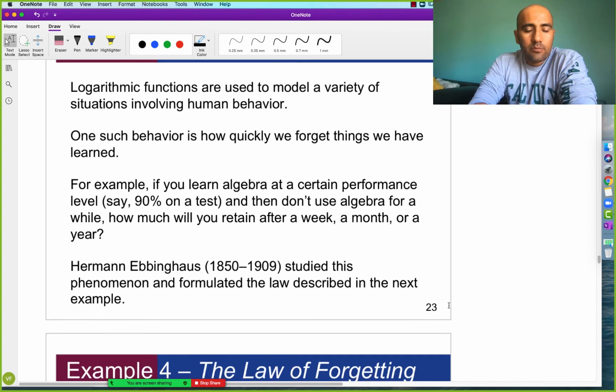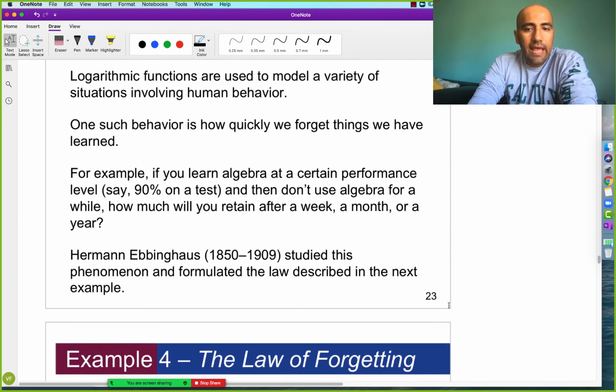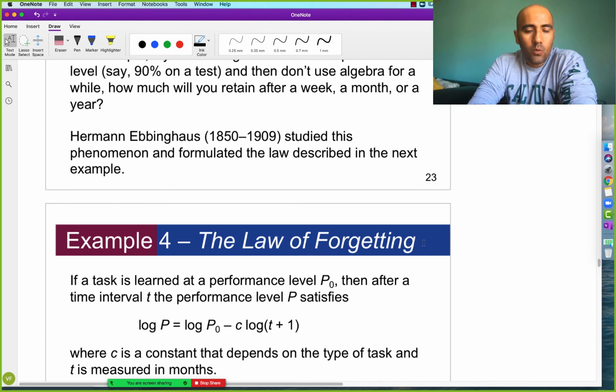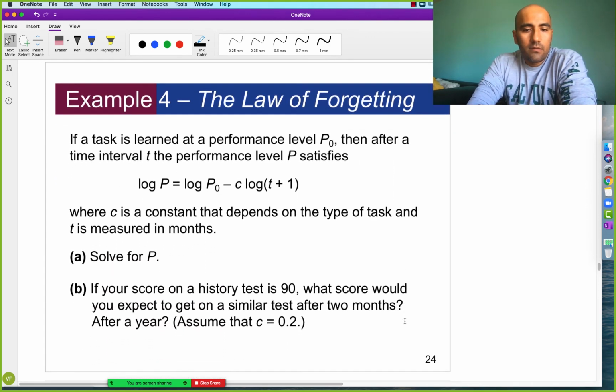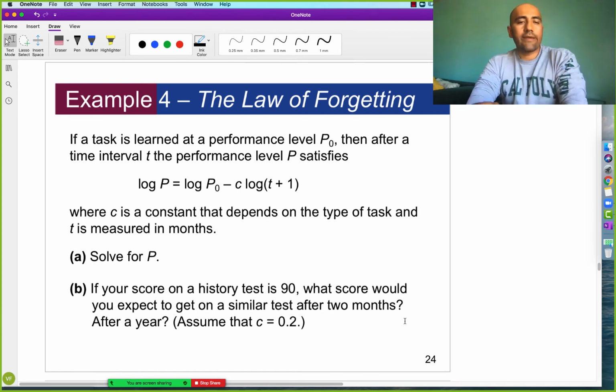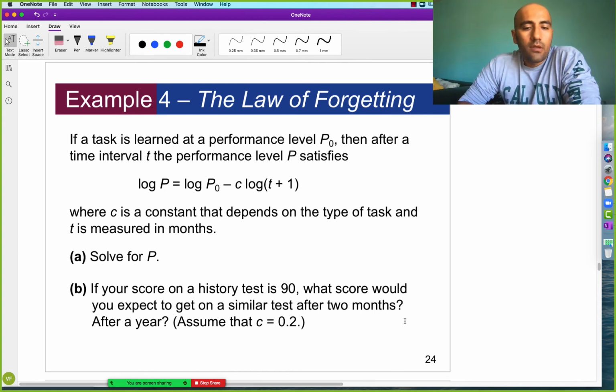Okay, so we can use these properties in various applications. So here's one application of logs. In social sciences, we try and come up with a model that describes how long it takes people to forget information. So if a task is learned at a performance level P0, then after a time interval t, the performance level P satisfies this equation.